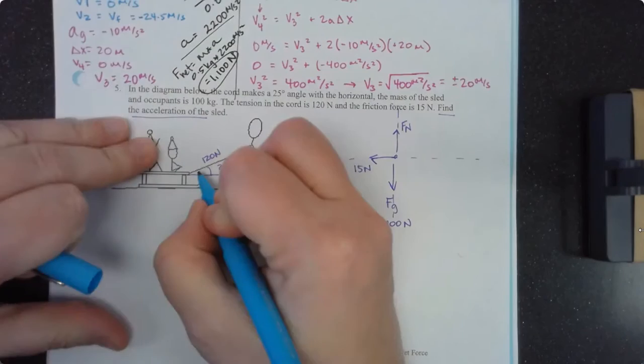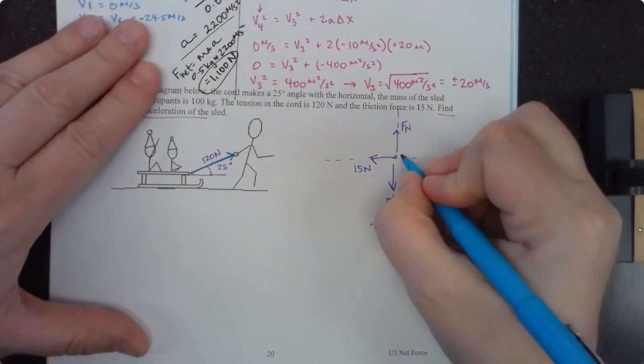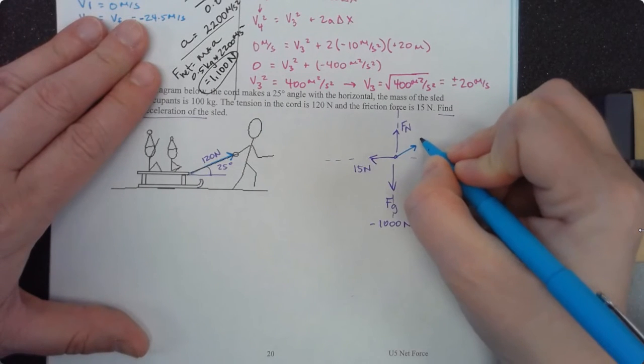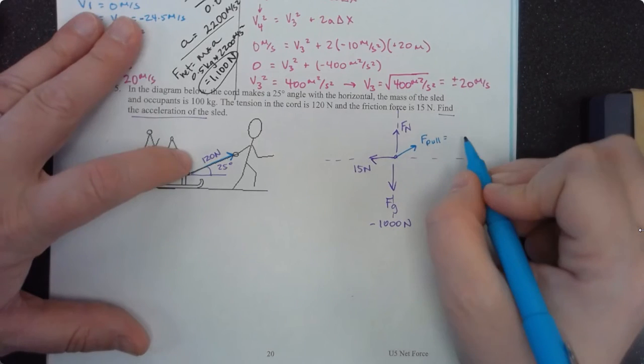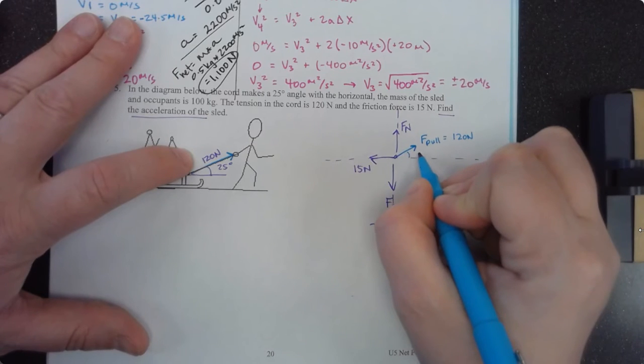So if I'm looking at my tension this way, we're going to have tension. Let's see, that's 1,000. I'm just going to make this kind of short. So here's our pull. We know that at this angle, it's 120 newtons. We know that this angle is 25.